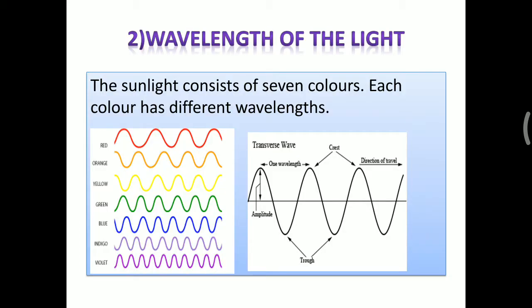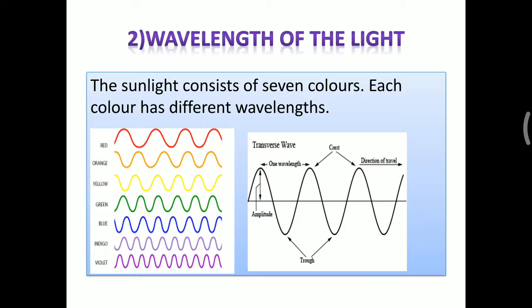The next one, wavelength of the light. In the previous example, we saw that the sunlight falls on the clouds. So you know that sunlight consists of 7 colors, not a single color. You know that VIBGYOR. Each color has a different wavelength.